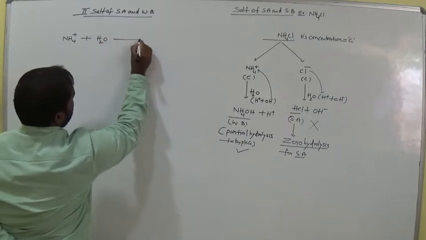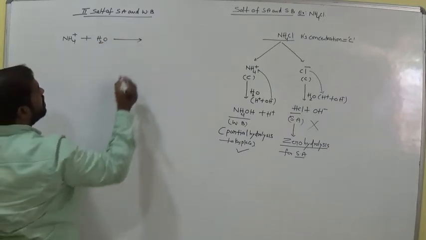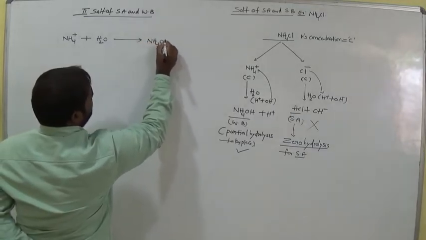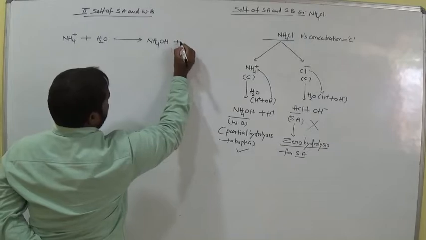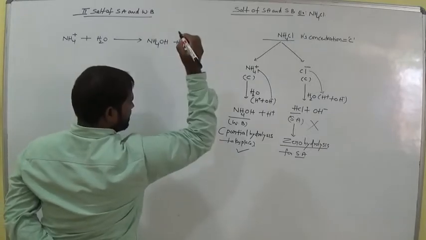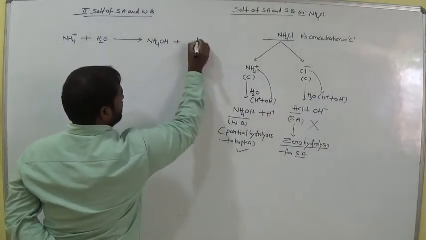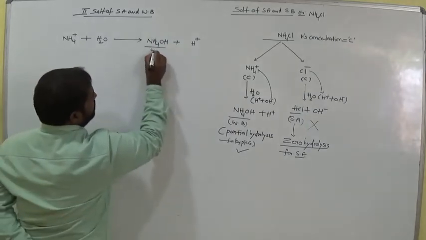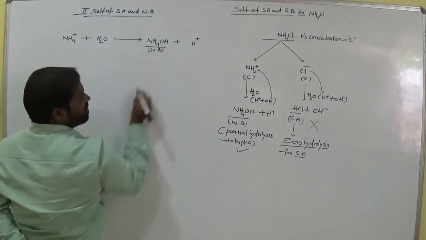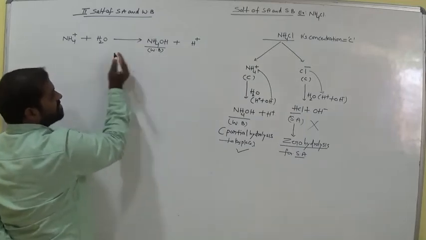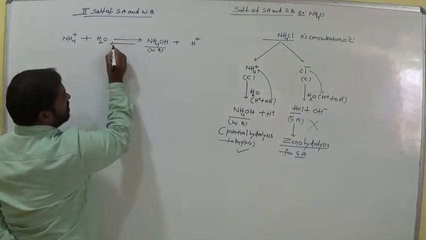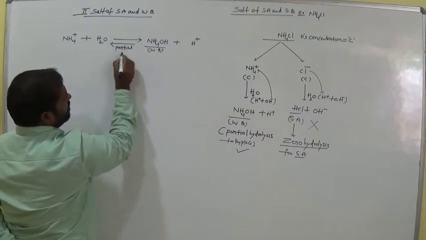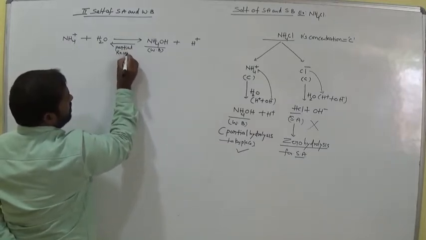It gives NH4OH plus H plus, am I right? It is a weak base. Weak base means it is partially reversible, am I right? Partial reversible.